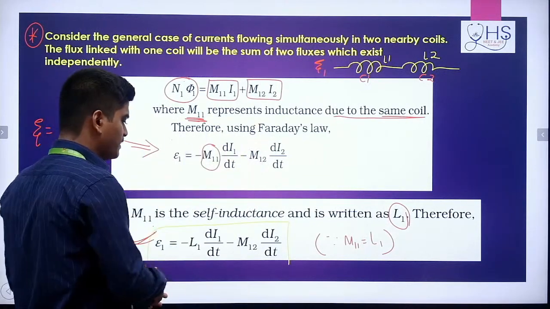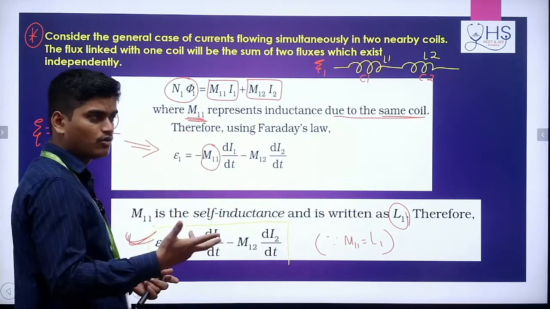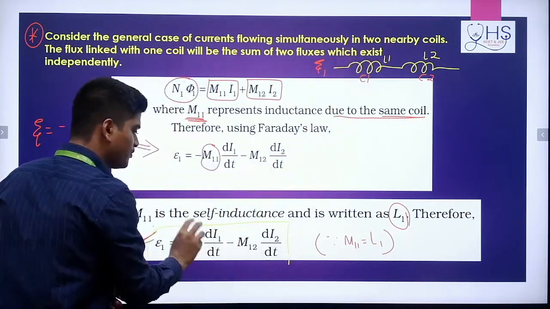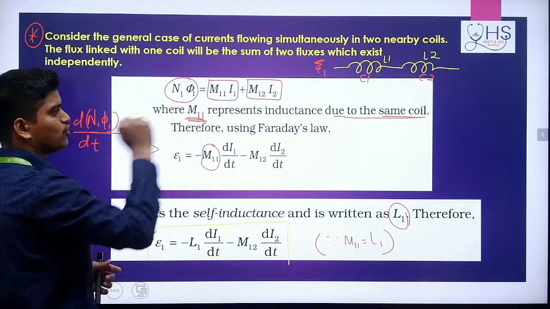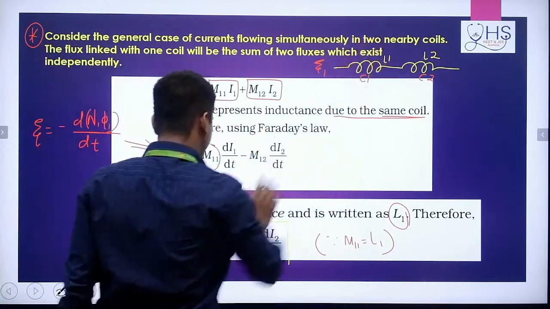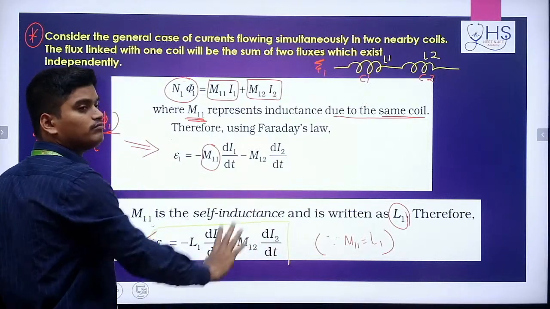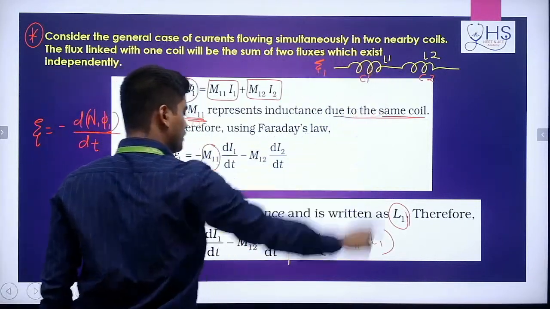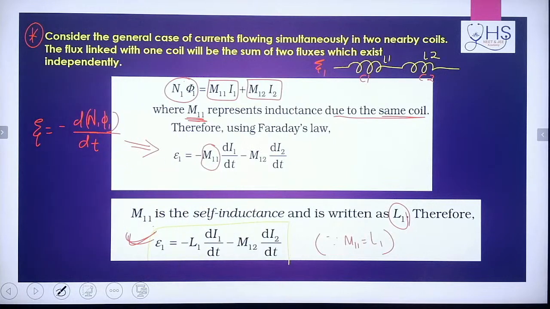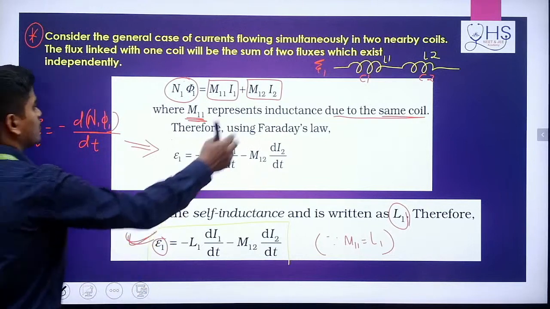But when both coils are there, self inductance will also be there, because when something changes, self inductance is also present, along with mutual inductance, as two coils are there. If I remove everything and keep only one coil, then only this term will come. If two coils are there, then both will come. So this is the EMF in coil 1, E1, the induced EMF in coil 1.